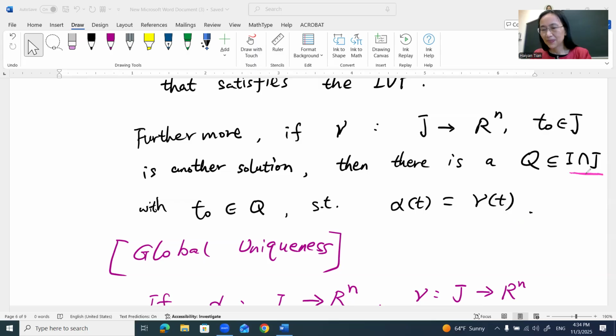the intersection. Recall that I is the time interval where alpha is defined.